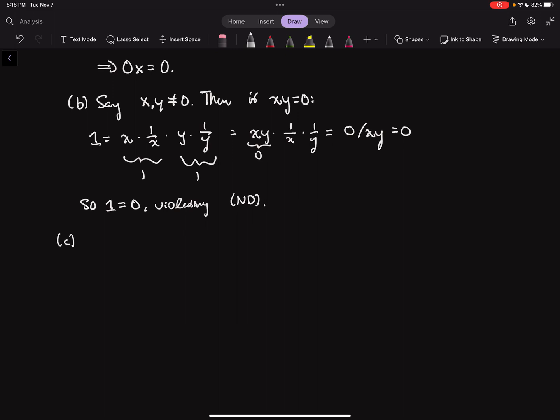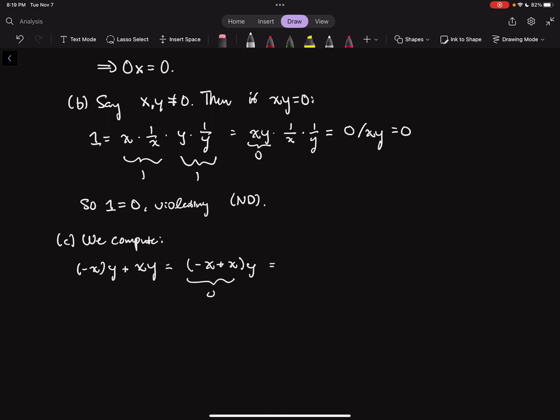For the third one, let's just compute. Negative x times y plus xy equals, and what does it beg us to do? It begs us to factor out a y on the right: minus x plus x times y.